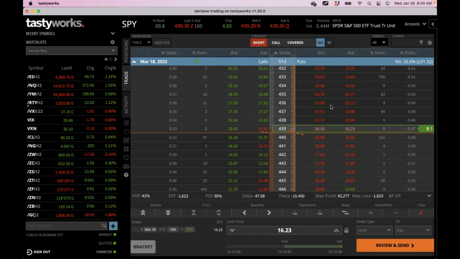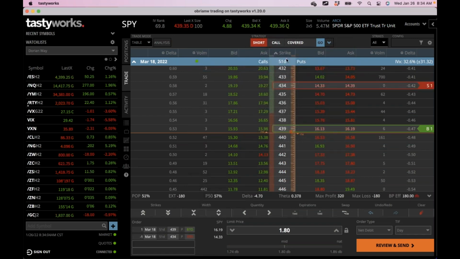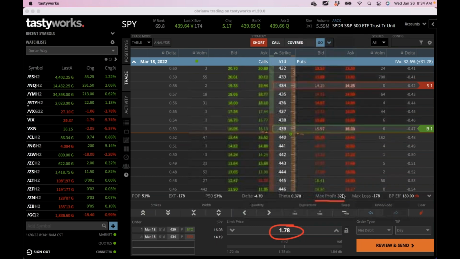In this case, if I bought this put spread and went, let's just say, 5 points down, this is 51 days. You can do this longer, and I'll show an example of that. If I bought this put spread, it's going to cost me $180, and I have the potential to make up to $320.